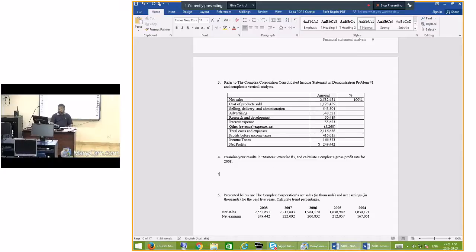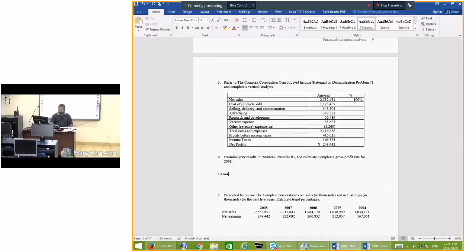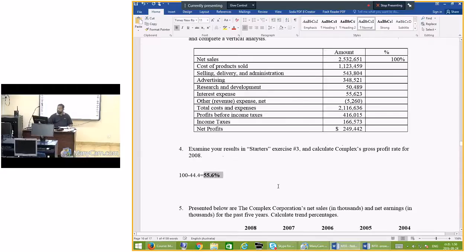Net sales is 100% minus cost of goods sold, what is the percentage? 44%, so it is equal to 55.6%.